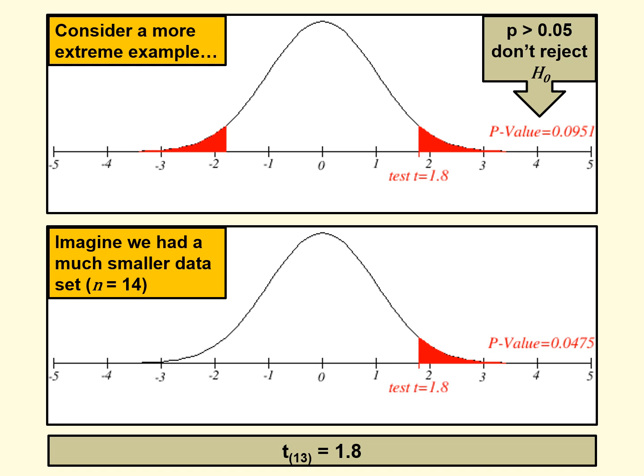Same sampling distribution, same test statistic value, 1.8, but under a one-tailed distribution, assuming we predicted it would be positive, the probability associated with that value is 0.0475, so about 0.05. We might say it just squeaks in under the line, and we might go ahead and reject the null hypothesis and say there is evidence for a statistically significant difference such that the treatment group has better functioning than the control group.